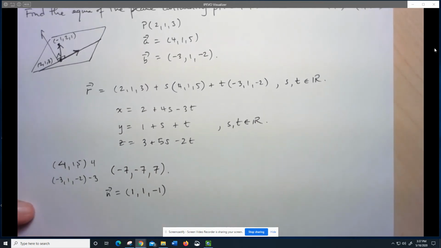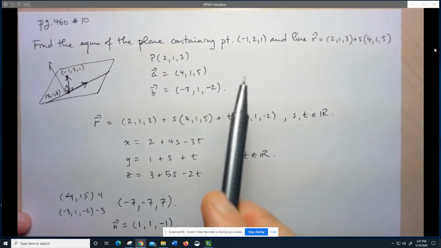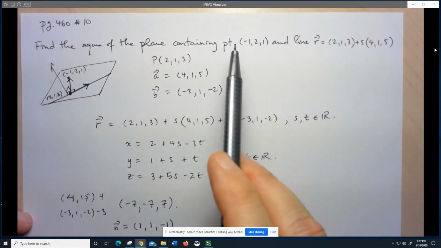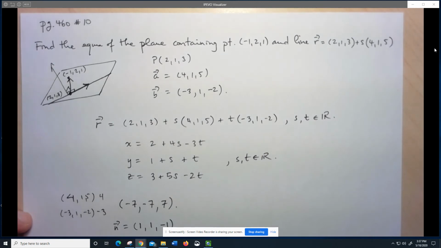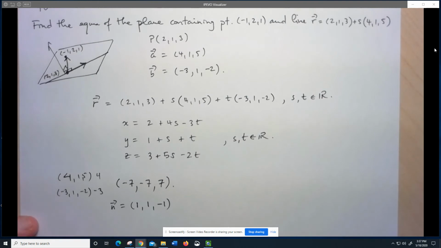Okay, so now that I have a normal vector, I can use either of my points to determine the Cartesian equation of this plane. Okay, so let's say I use negative 1, 2, 1. In fact, I'll use the other point as a check to make sure I get the exact same equation. All right, so remember that our equation looks like ax plus by plus cz plus d equals 0.